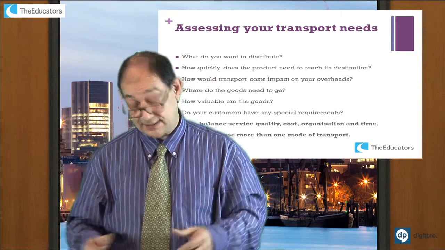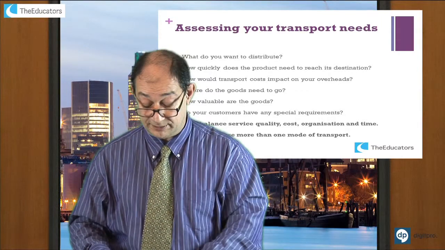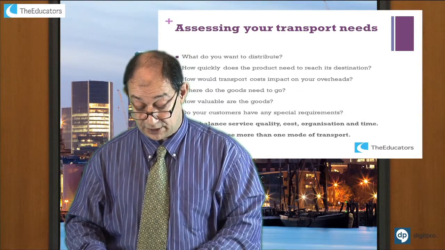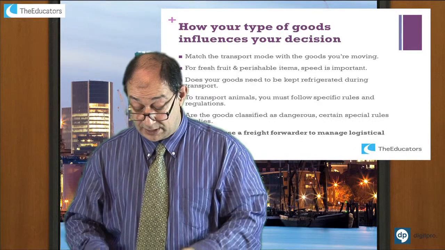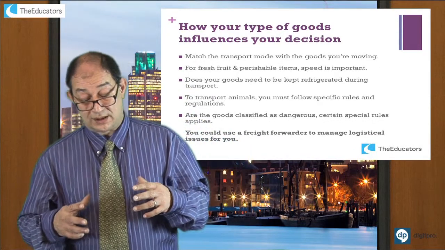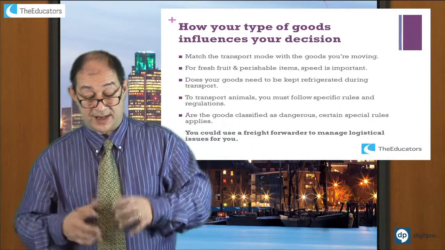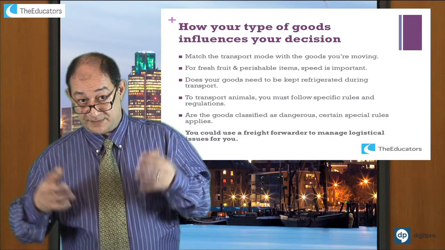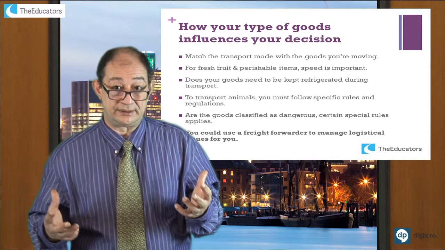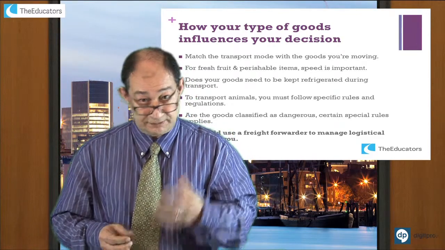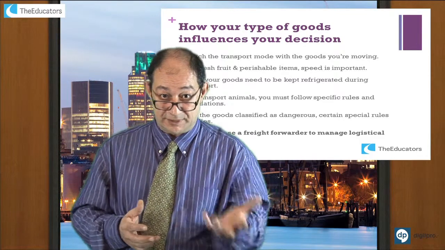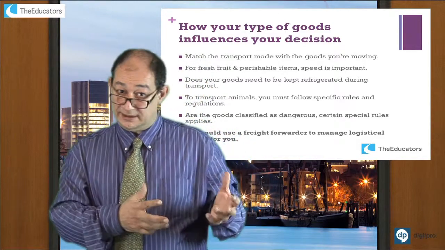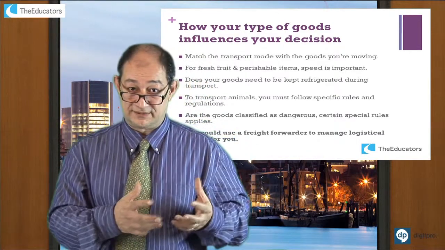The distances: do you have a seaport available or not? The other one is, how would the transport cost impact your overhead and overall cost? If it's a very expensive product, like shipping diamonds, where half a kilo would be worth millions, then the cost of transportation is not important.